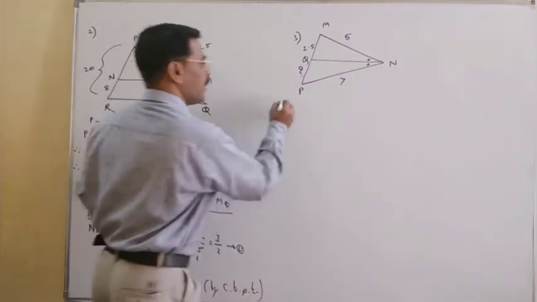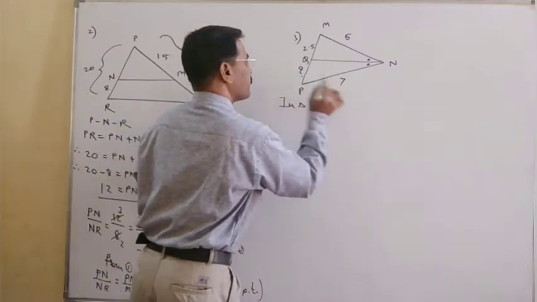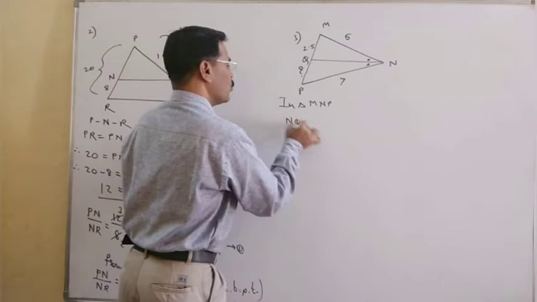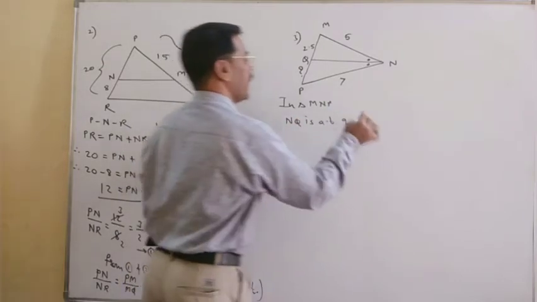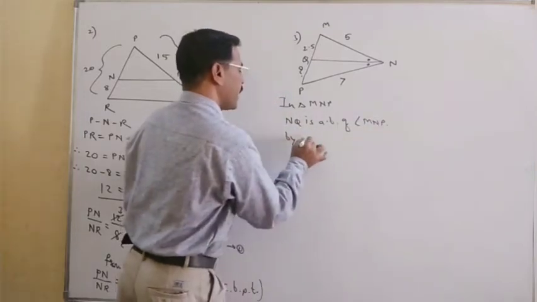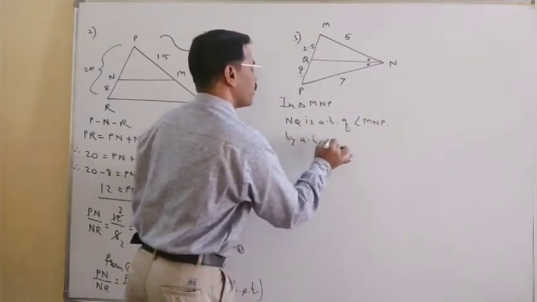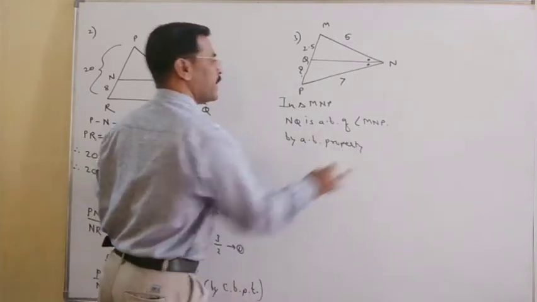So first of all, in triangle MNP, NQ is the angle bisector of angle MNP. So by the angle bisector property, we can apply it now here.